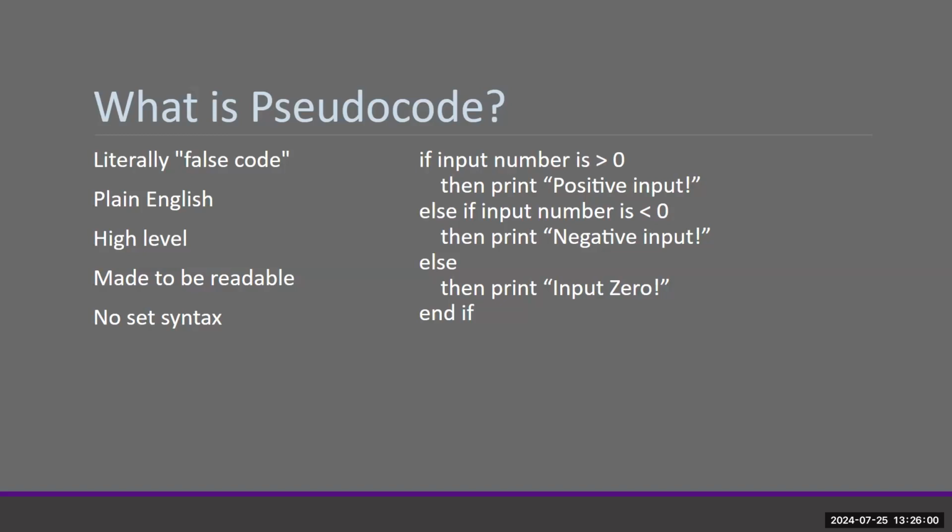So in this example, we have: if input number is greater than 0, then print positive input. Else, if the input is less than 0, print negative input. Else, print input is 0. And then you end your if statement.